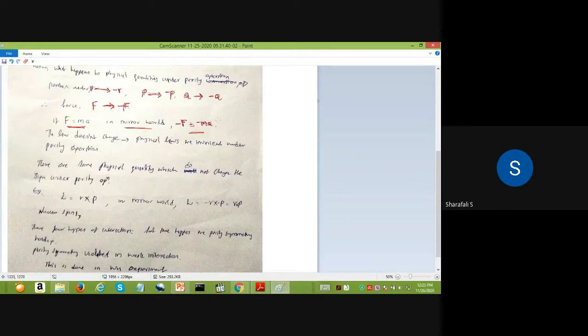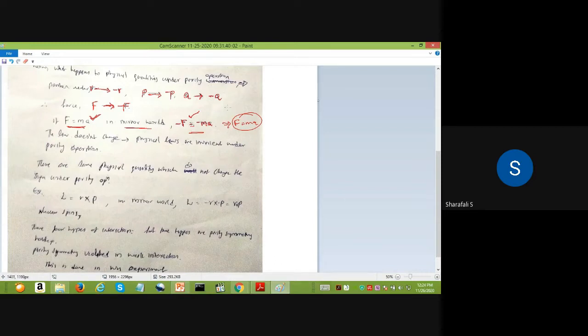So effectively, this is nothing but F equal to MA. Which means that whether you consider the real world physical law or the mirror world after parity operation, the law holds. This is Newton's law that holds under parity operation.